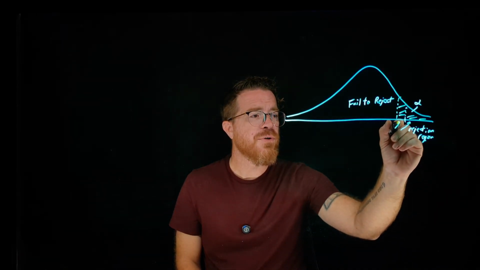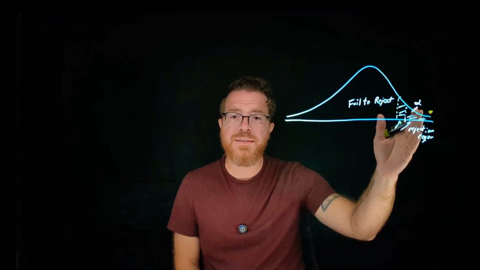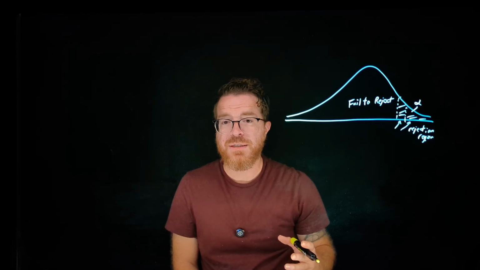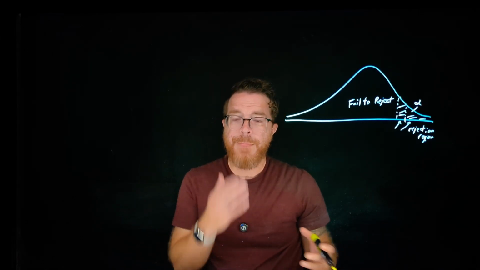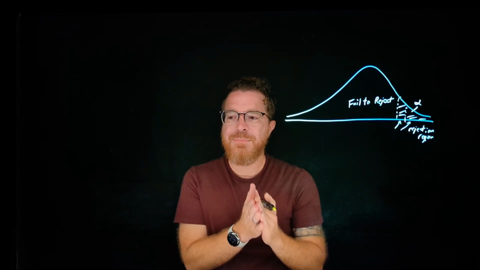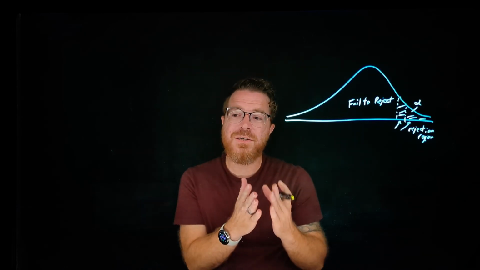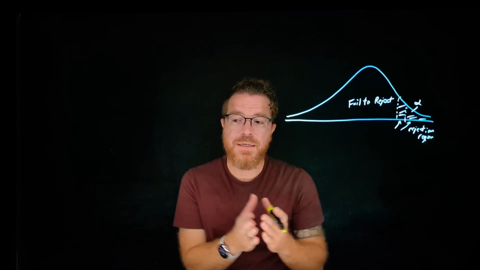And if my value falls right there, in one instance I would reject the null hypothesis, in another I would fail to reject it, all based on the same data. So we have to take into account these types of error, right? Because we're using sample data, so we have to consider that this error is definitely possible.